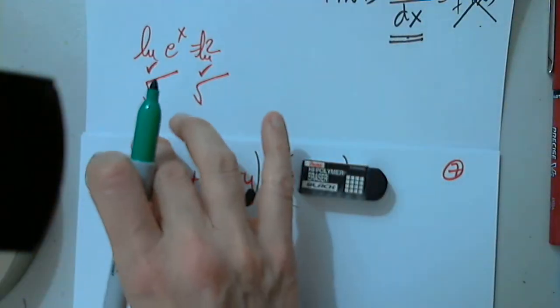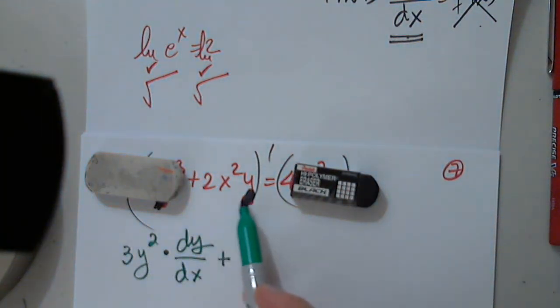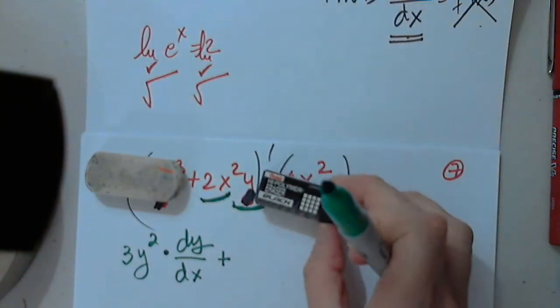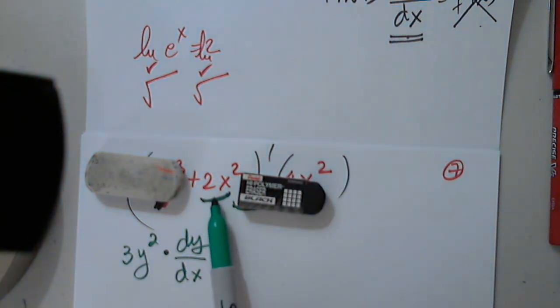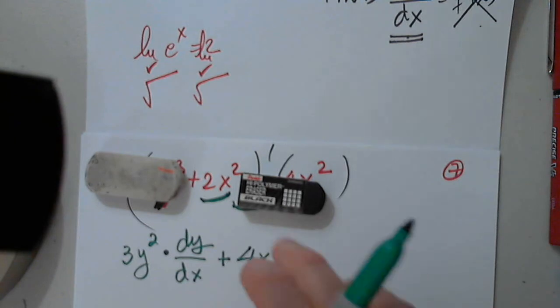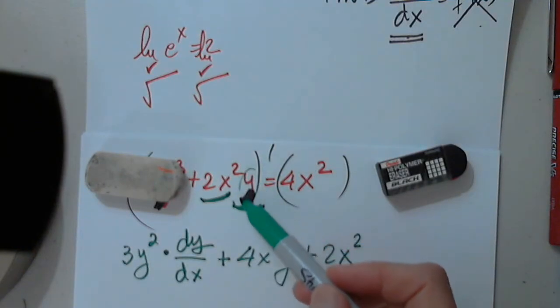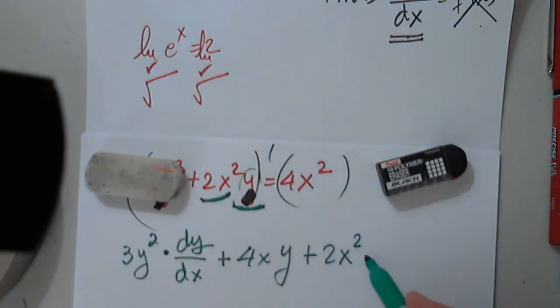Plus. This is a product. Can anyone differentiate the first part for us? 2x, 4x. Good. Times the second function plus 2x squared. Can anyone give us the derivative of y? 1.